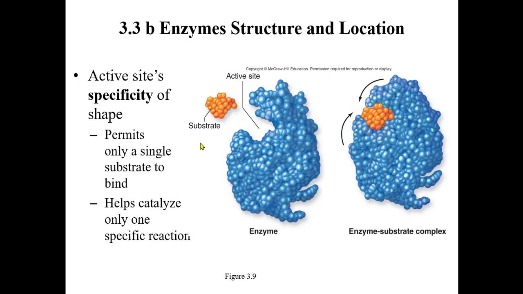That's what's called lactose intolerance. Since they don't have the lactase, they really can't break down a lot of the lactose, leading to upset stomach, diarrhea, bloating, gas, things like that. Okay? So you have to have a specific enzyme for a specific substrate. So a specific lactase for a specific lactose.